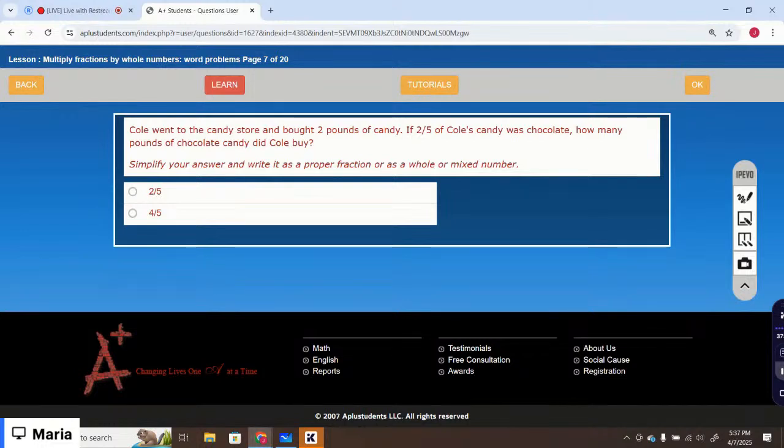That is 4 over 5. Option number 2 is the correct option.